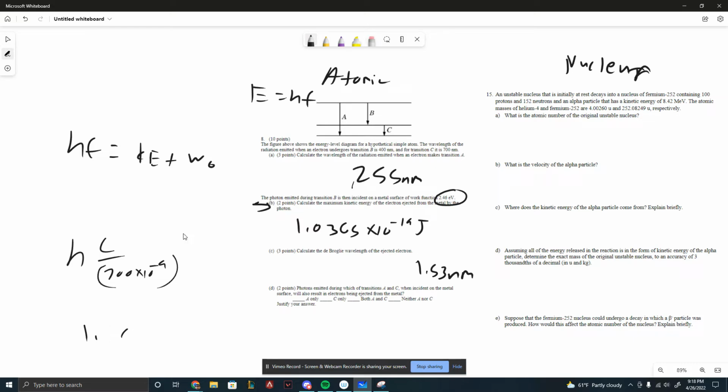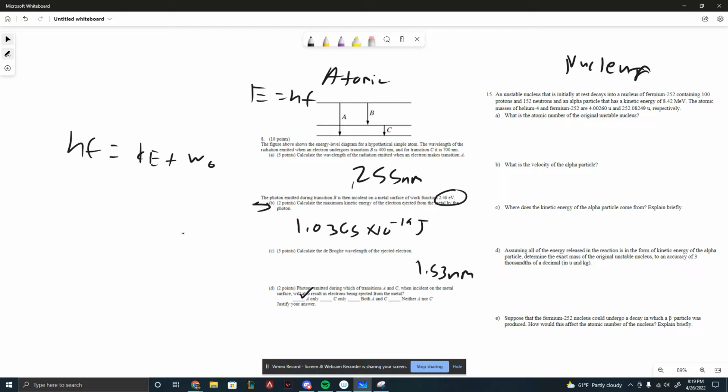So right here, I'm not going to write down my justification, but it's just a worded explanation of what I just said. The energy that C releases when it does its energy drop is too low and isn't higher than the work function, which means that no electrons are even being emitted.